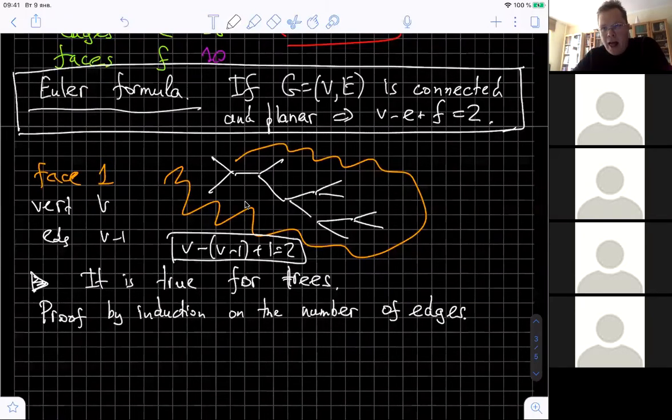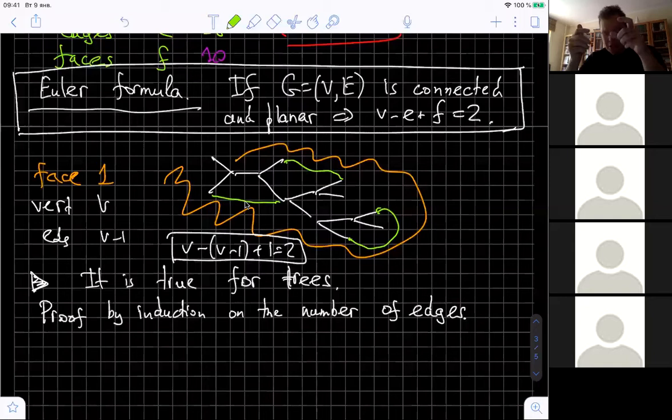And for a tree, I can prove this formula directly. All I need to do is add some edges on this picture. So I can just connect two of these vertices, two of these vertices, and so on. By each new connection, one of the faces will be divided into 2 parts.